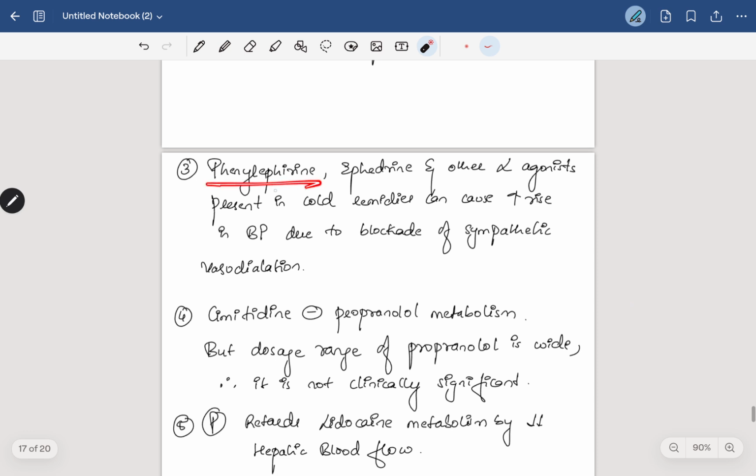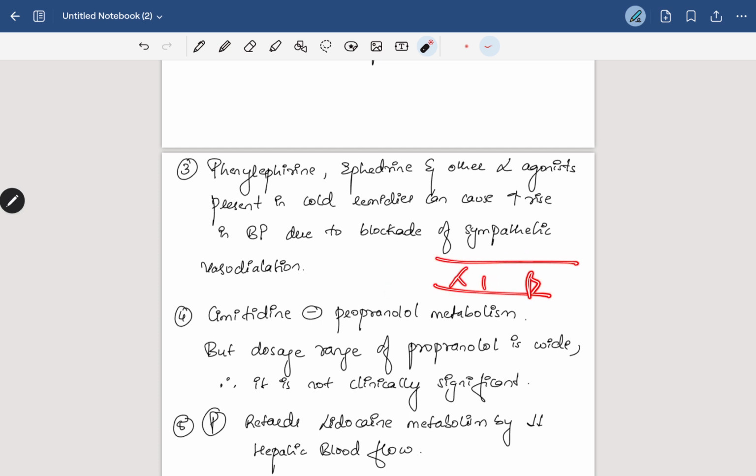Moving on, phenylephrine, epinephrine, and other alpha agonists present in cold remedies can cause a rise in BP due to blockage of sympathetic vasodilation. If I'm giving beta blockers along with an alpha agonist, what is going to happen?